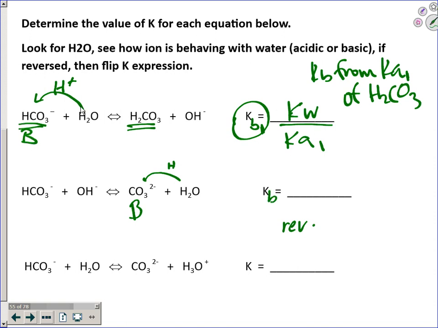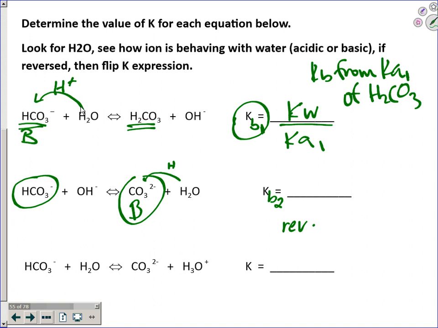But then I look at these two ions and I see that this is not the first deprotonation of carbonic acid, this is the second, because I'm now down to the carbonate phase, which has no H's. So this is going to be a Kb2. Now it's not just Kb2, because Kb2 would show carbonate on this side, forcing water to deprotonate it.